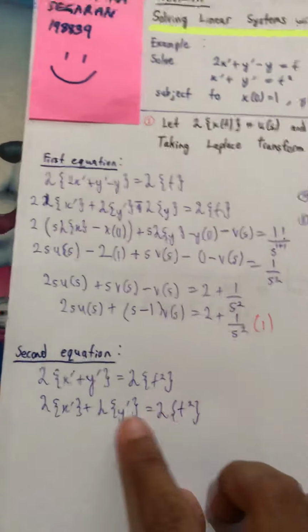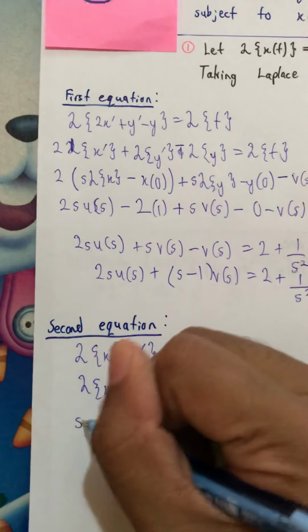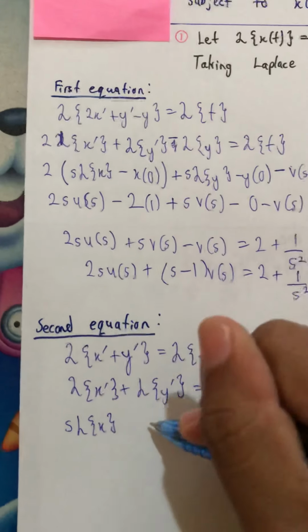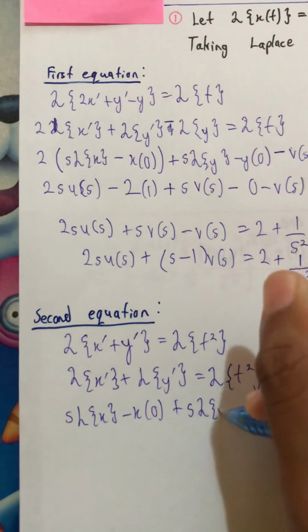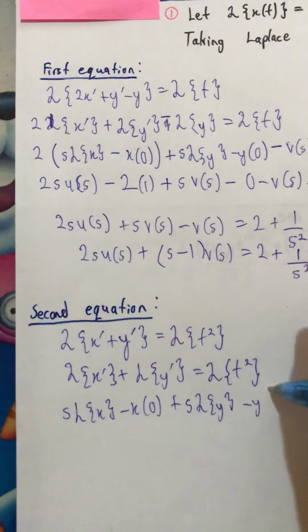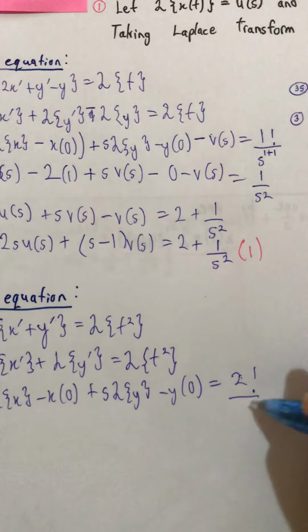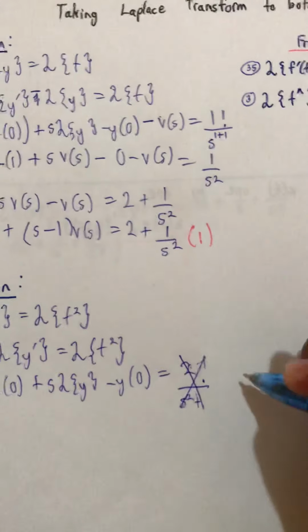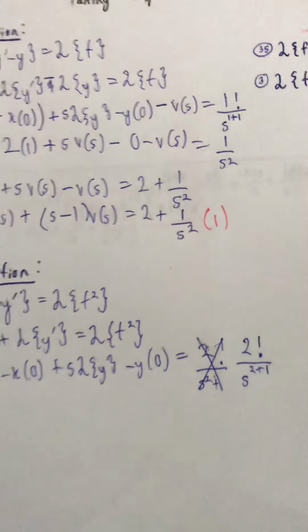Then we just take a look at the table of Laplace transforms and solve this. So we get s times the Laplace transform of x minus x(0), plus s times the Laplace transform of y minus y(0), equal to 2 factorial over s to the power of 2 plus 1.